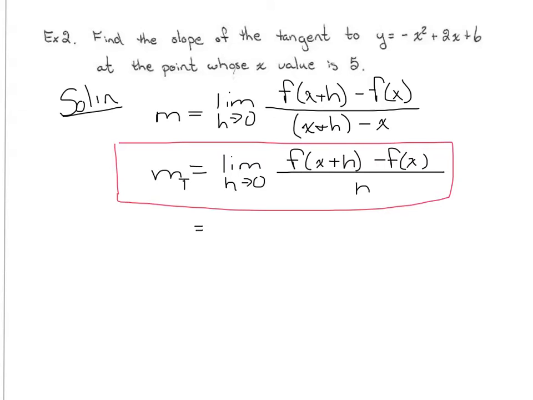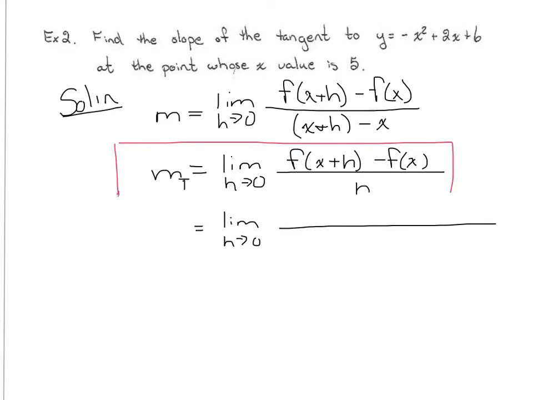So we always need our limit of h approaching 0 of our function. And let's move that red box up a little bit, make it a little bit easier to read down below.